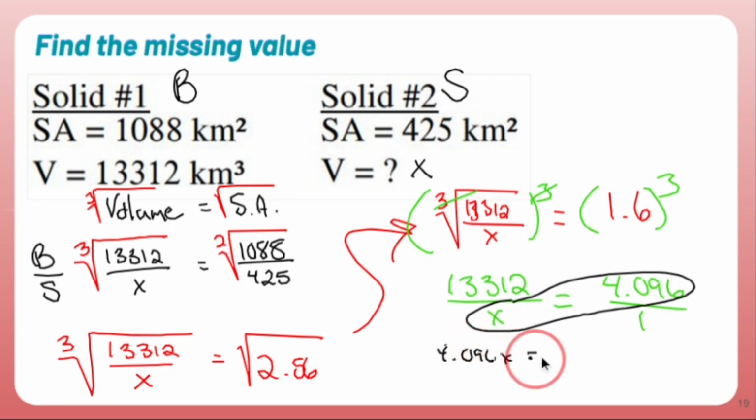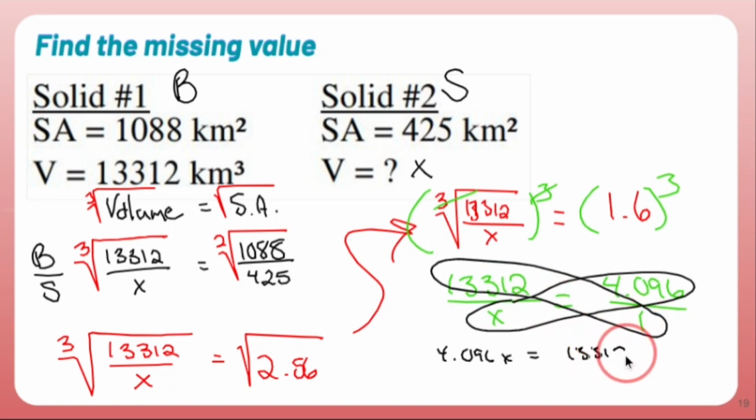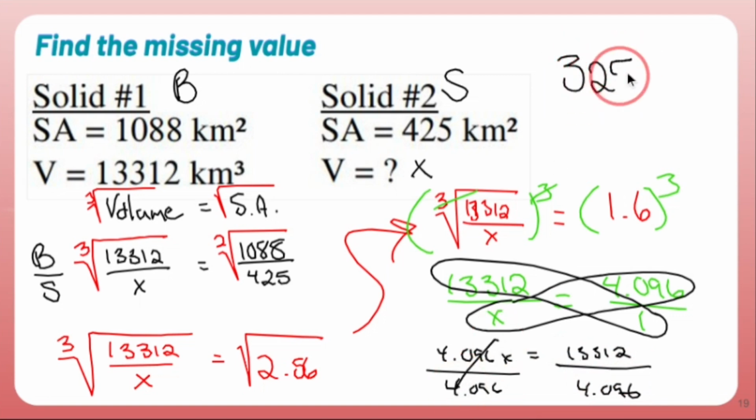4.096x equals 13,312. Divide both sides by 4.096. And 13,312 divided by 4.096 is 3,250.